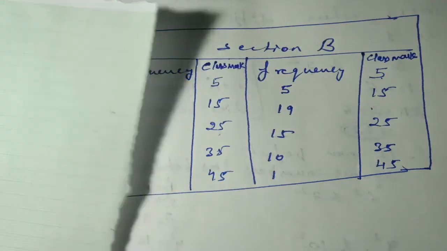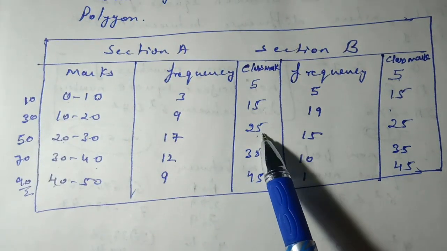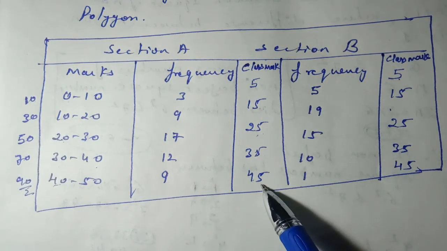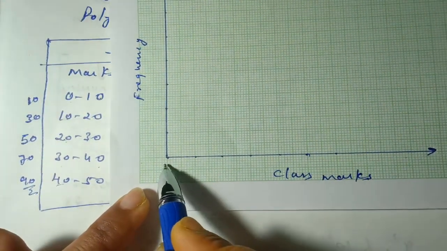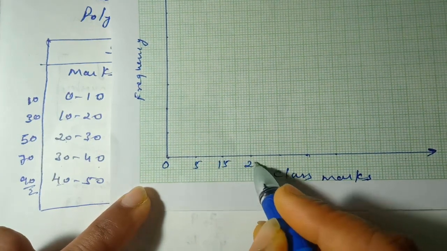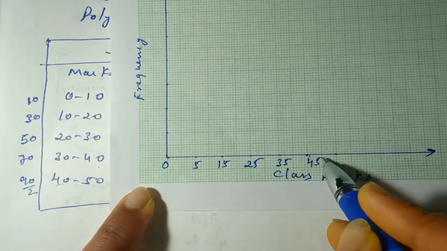So on the class mark axis, we have to take these values 5, 15, 25, 35 and 45. For both of them it is the same, so we're going to start from 1. The first point, the intersection point, is 0, then 5, then 15, 25, 35 and 45.